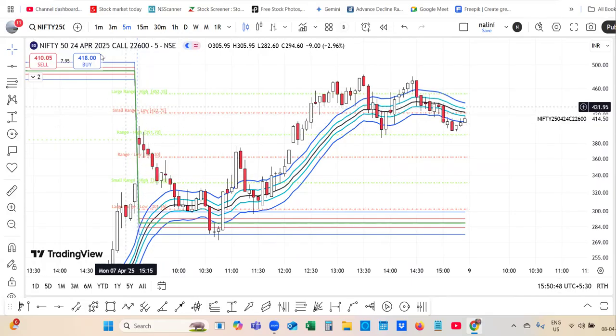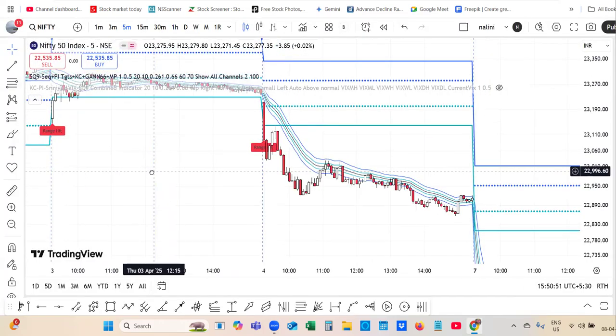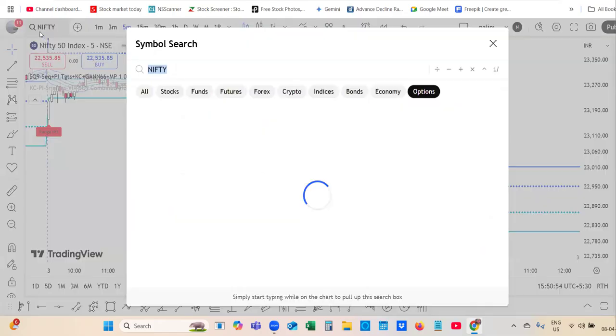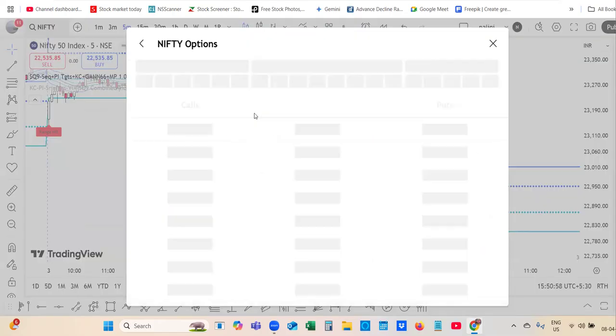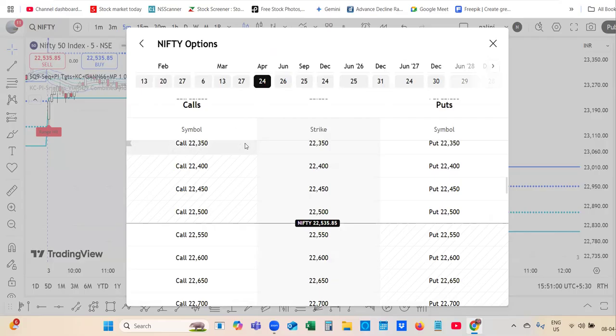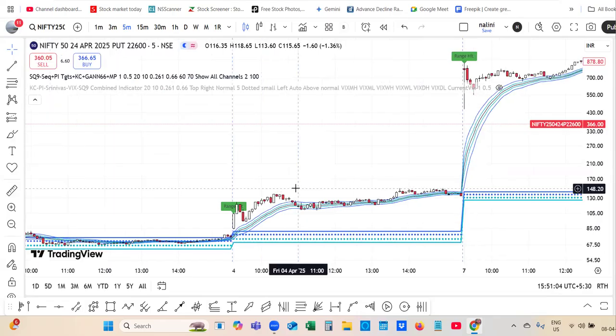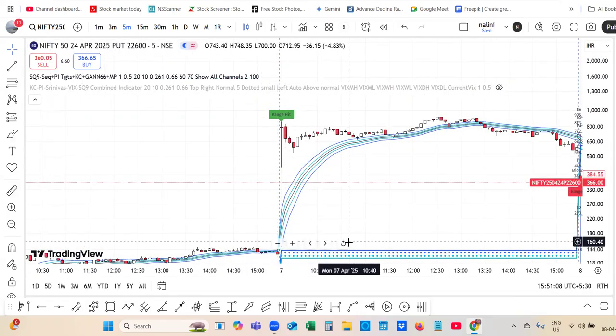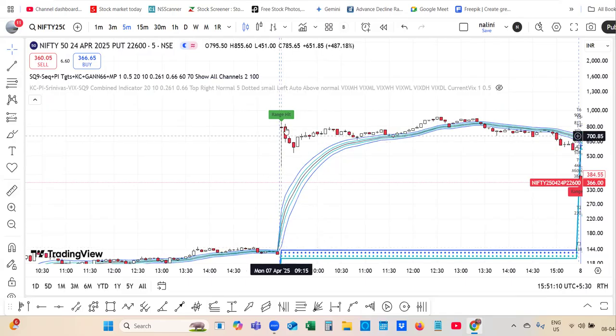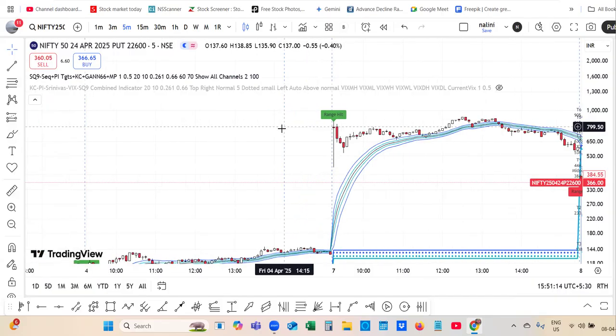Let me go to the put option. The 22,600 put option. So it gapped up. Here you can see from the level of 147, it made a high of 810.